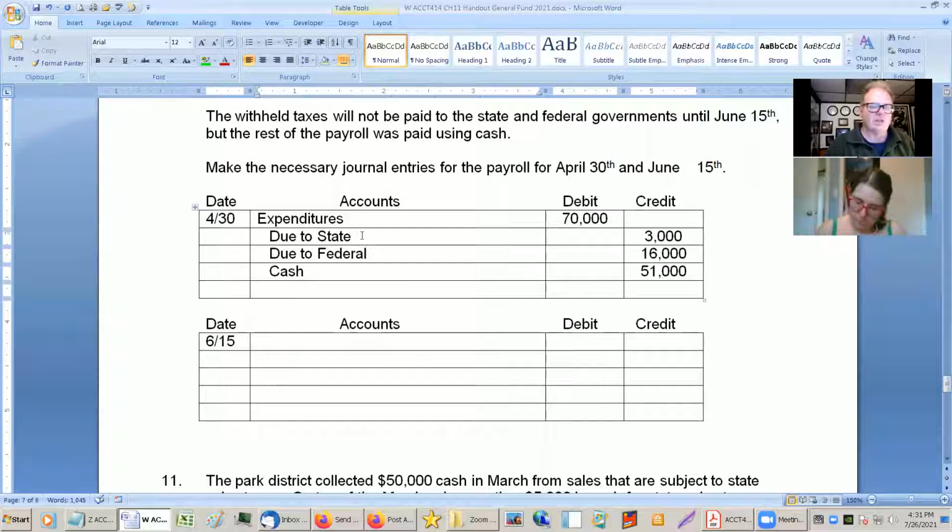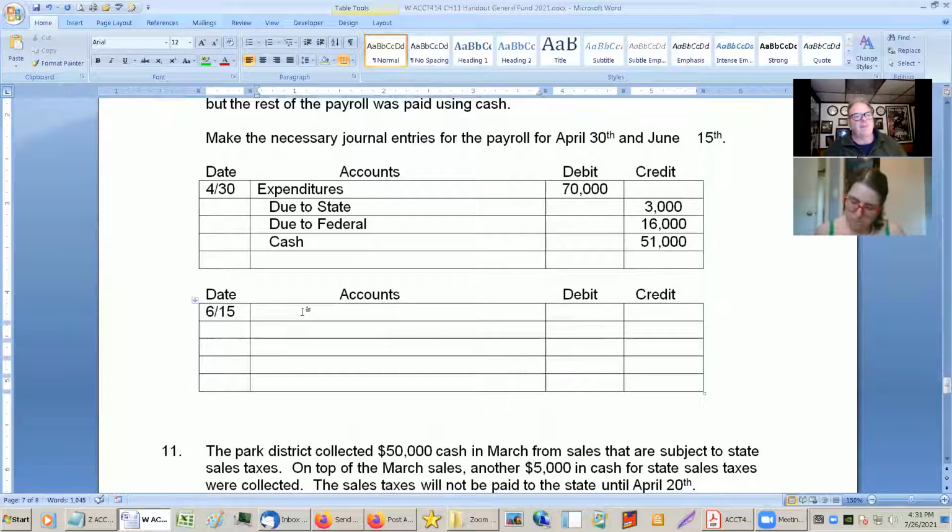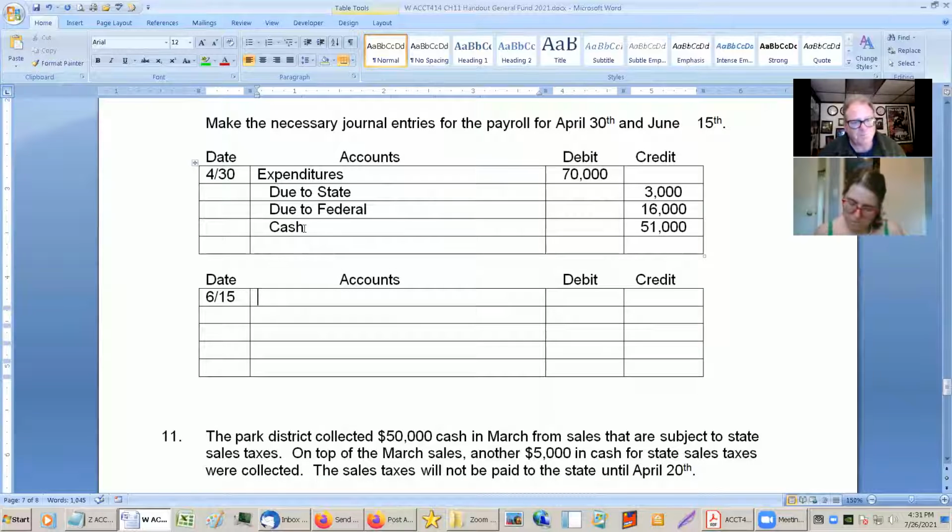But if it's inside the government, it's due to, and if they owe us, it's due from. Okay, and they paid for it on the 15th, so we would take off the state 2,000, and I would make those as separate entries. Quite honestly, on this one you probably would have to, because you're not going to cut one check; you're going to have to cut two checks.